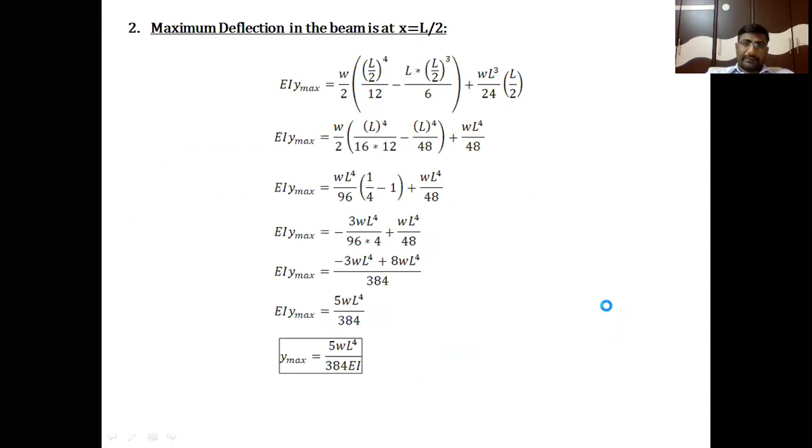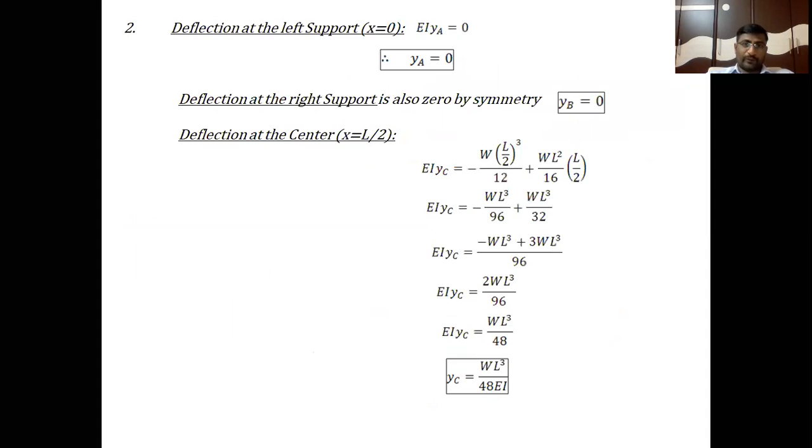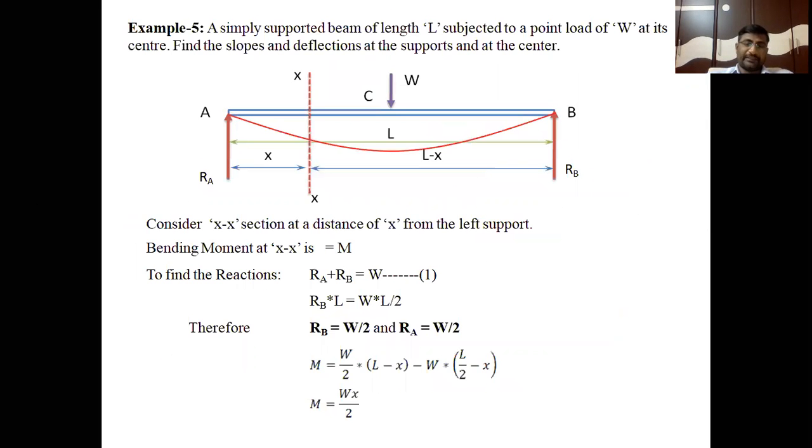But in the previous problem that we solved, the section is considered between A and C. This section is applicable only between A and C. It is not applicable between C and B. So in the double integration method, wherever we consider the section XX, that section is applicable between those two points only.